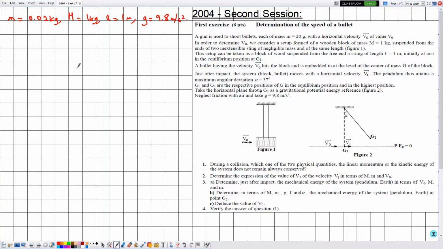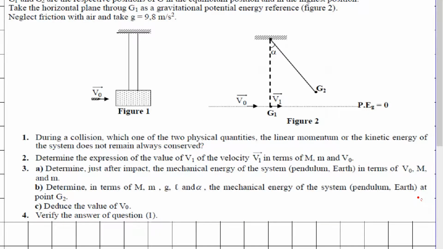In number 1, they are asking: during collision, which one of the two physical quantities, the linear momentum or the kinetic energy of the system, does not remain always conserved? For sure this is the kinetic energy, because the linear momentum is always conserved, and collisions are classified as elastic and inelastic depending on the value of the kinetic energy.